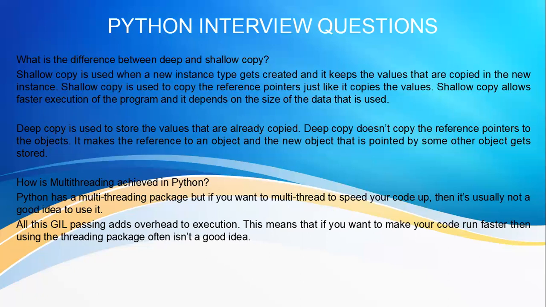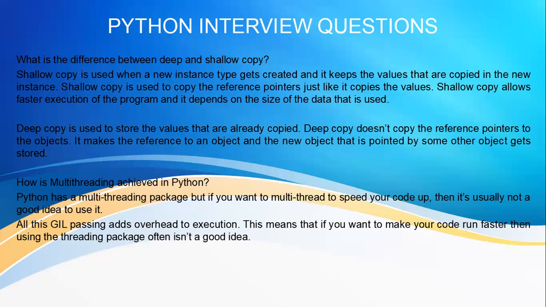A thread acquires the GIL, does a little work, then passes the GIL on to the next thread. This happens very quickly, so to the human eye, it may seem like your threads are executing in parallel, but they are really just taking turns using the same core.